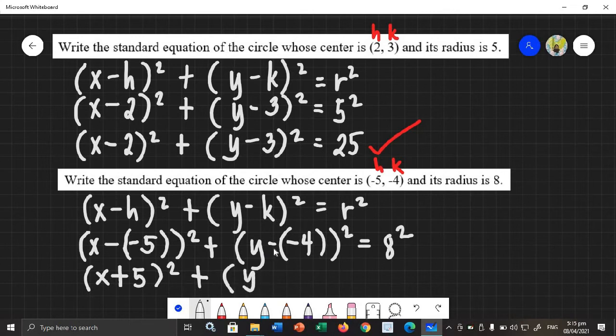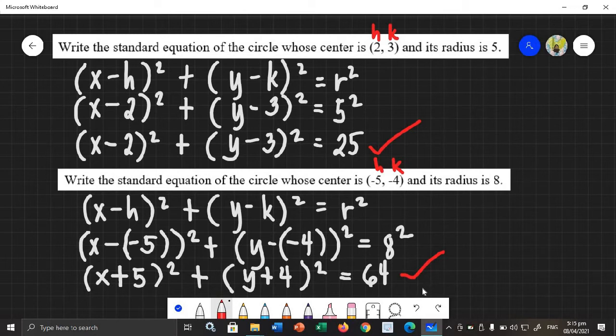We have y, negative times negative, the answer is positive 4, and then squared, equals, let's also simplify 8 squared, we have 64. Therefore, this is now the equation of the circle having the center (-5, -4) and having the radius 8.